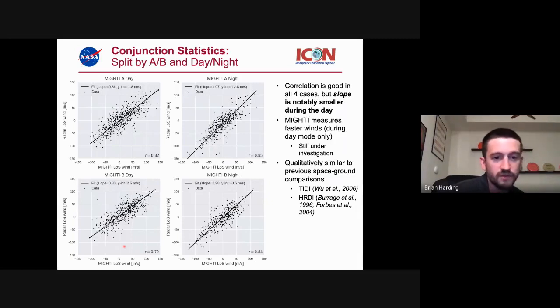If I can speculate for a second, I think it might have to do with the flat field. For example, during the onion peeling, to interpret a MIGHTY measurement, you have to interpret a line of sight that crosses through the 300-kilometer shell and goes down to a 90-kilometer shell and back up to 300 kilometers.